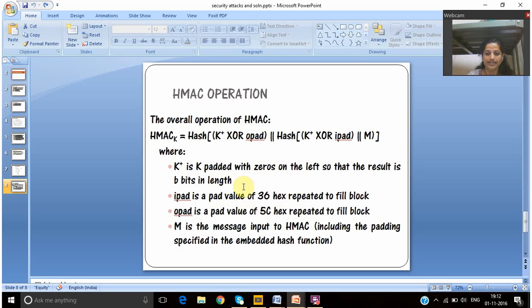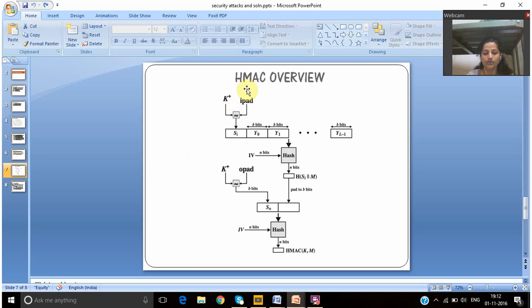IPAD is originally the hexadecimal value 36, and K plus may or may not be B bits. If it is not, then zeros are appended to it on the left-hand side. These both values are XORed and stored as the selection bit.